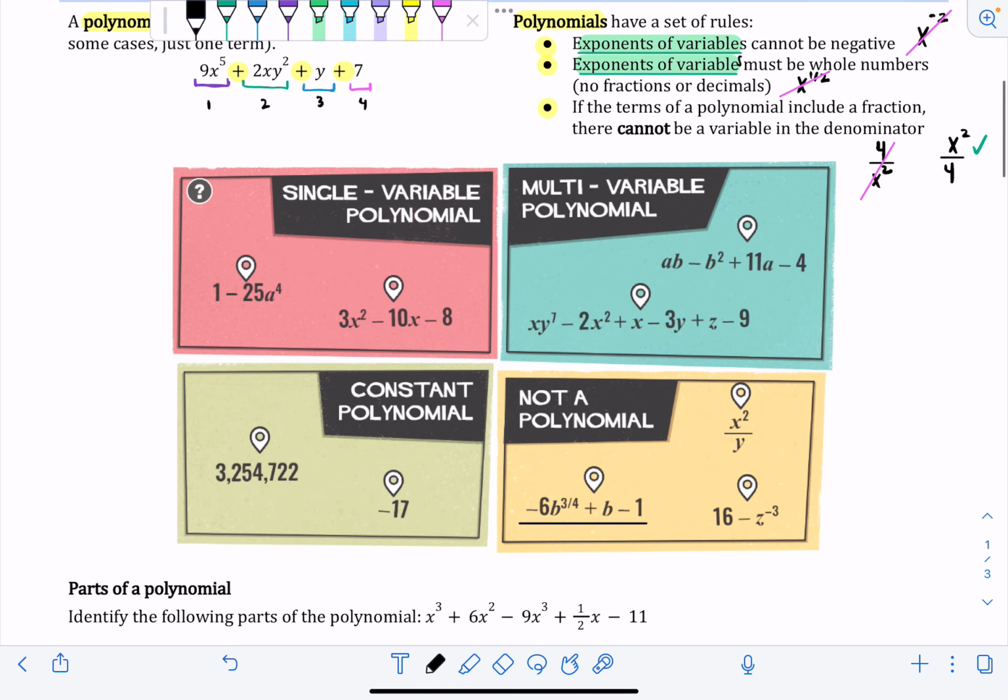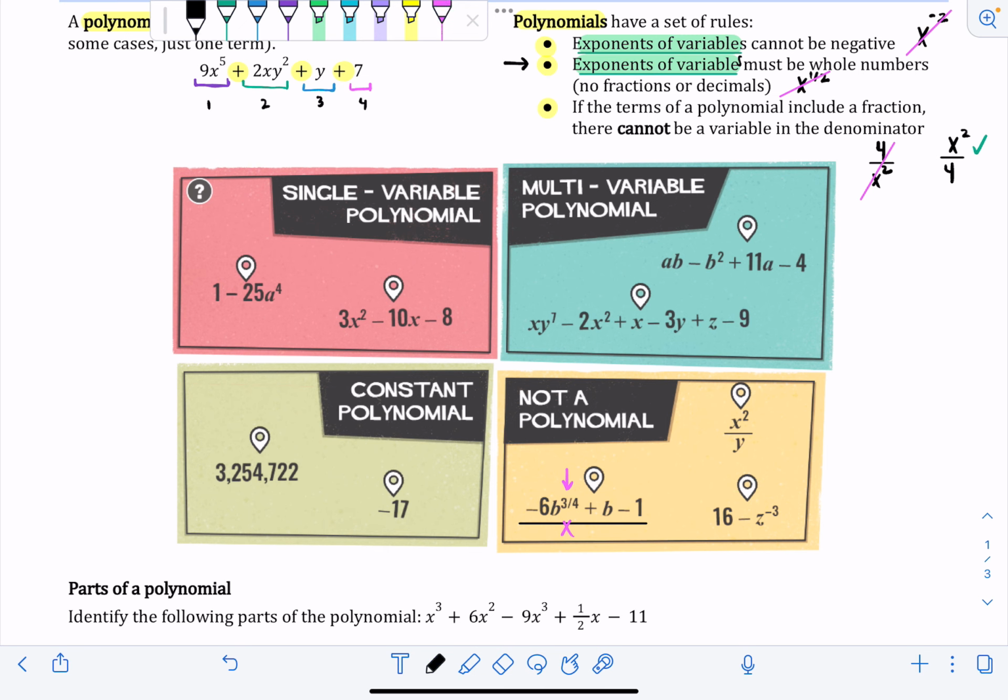One of the rules, the second one, sorry, from up above is that the exponents of variables must be whole numbers, which means no fractions and no decimals. But right here, we have an exponent over the variable b that's 3/4, which is not a whole number, it's a fraction. So that breaks the rule. That's what makes it not a polynomial.